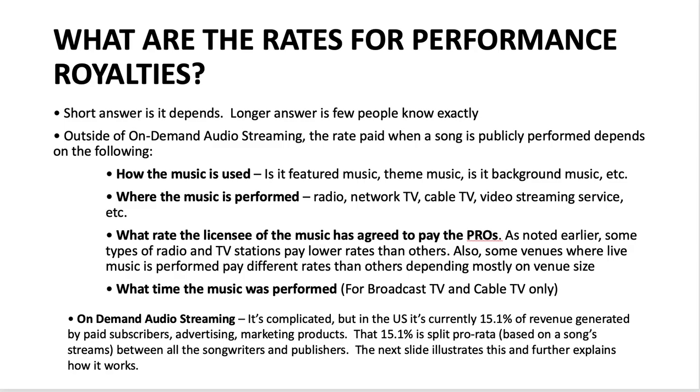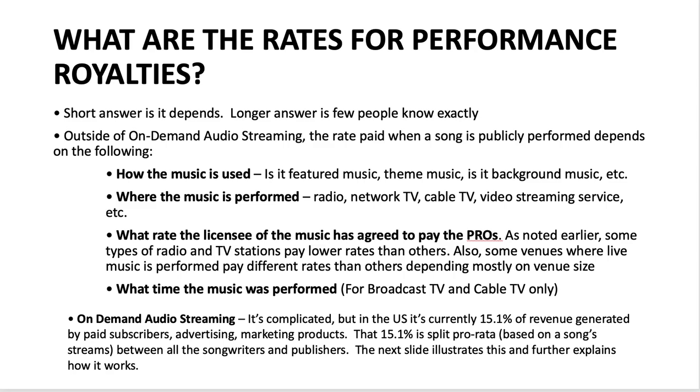When it comes to on-demand audio streaming, it's a little bit complicated, but basically in the U.S., publishers and songwriters will currently share in 15.1% of revenues generated by paid subscribers, advertising, and any marketing products that the on-demand streamer sells.